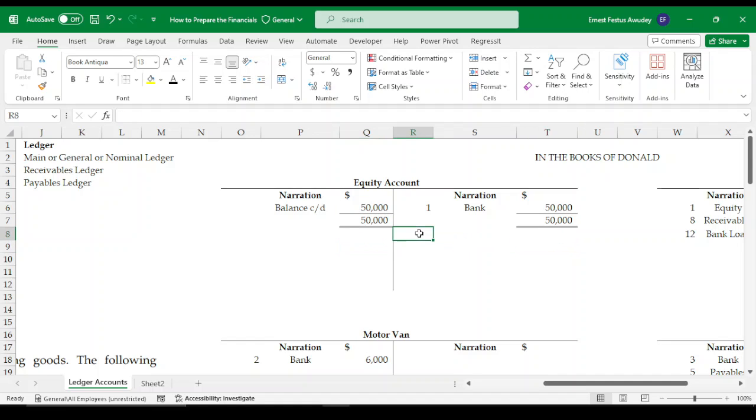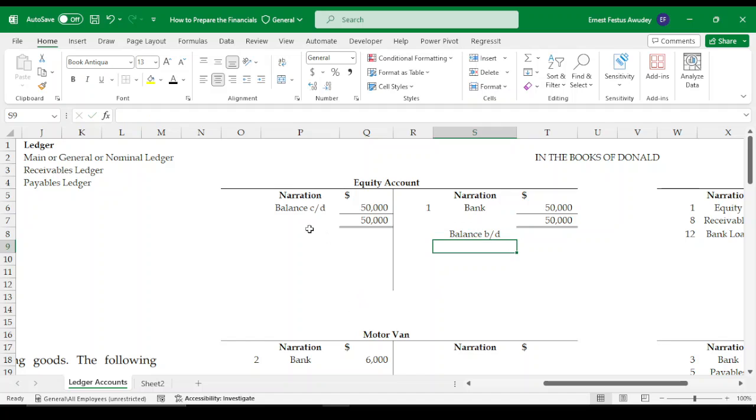And what we do after carrying down the balance, which is the difference, is come to the opposite side of the account, the opposite side of the balance carried down, and input another one here called balance brought down.